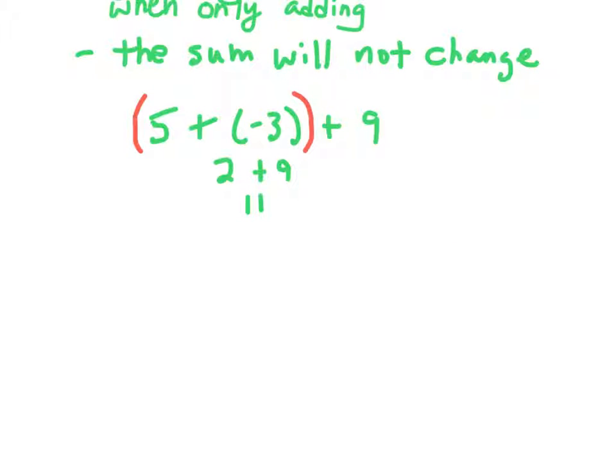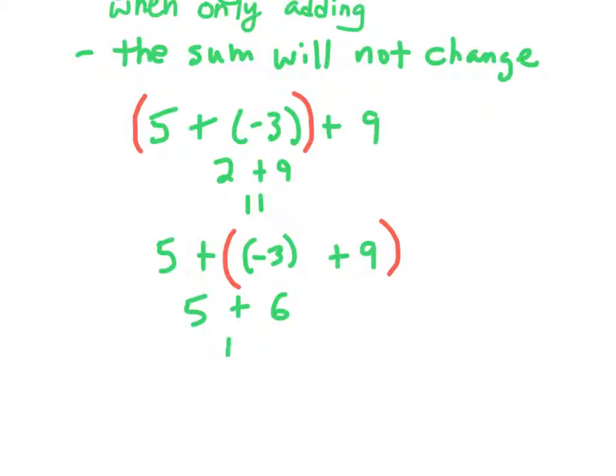Now I'm not going to change the order of the numbers. Notice the order of the numbers will not change. But this time I'm going to change the grouping. Now those red parentheses mean, what do I have to do first? I have to do the -3 plus 9. What does that equal? Now notice I still got 11. Is that clear what that means?